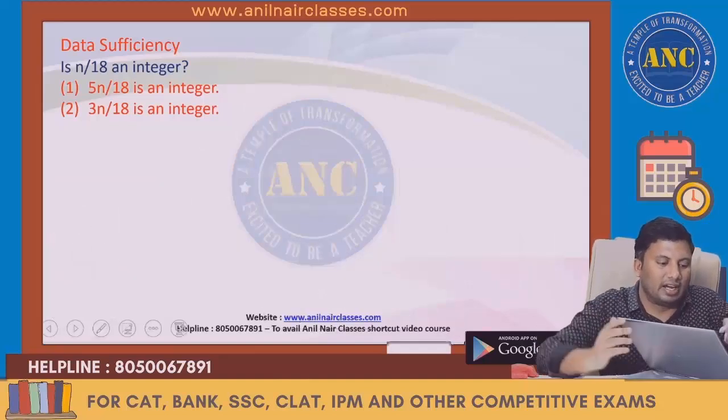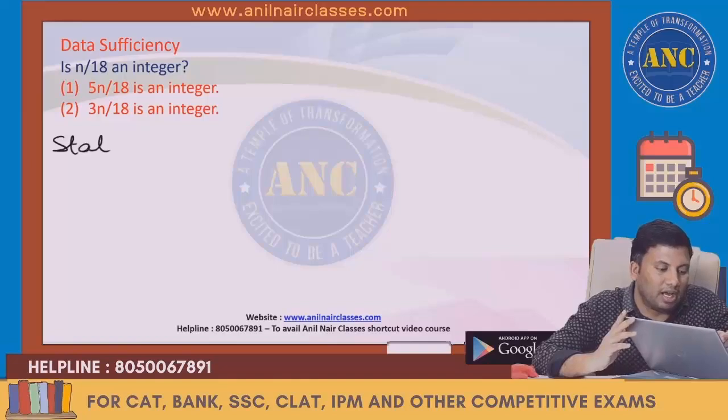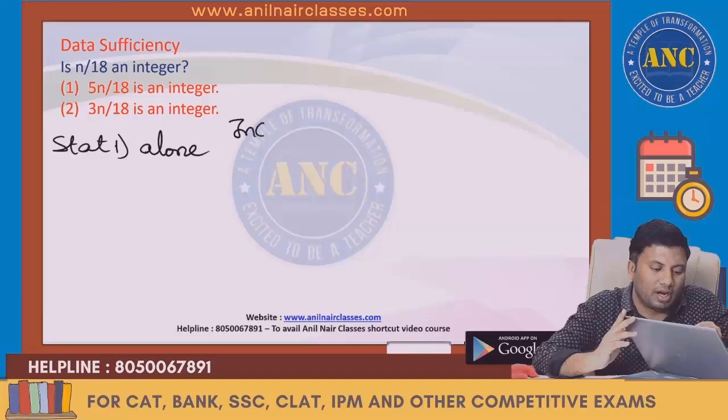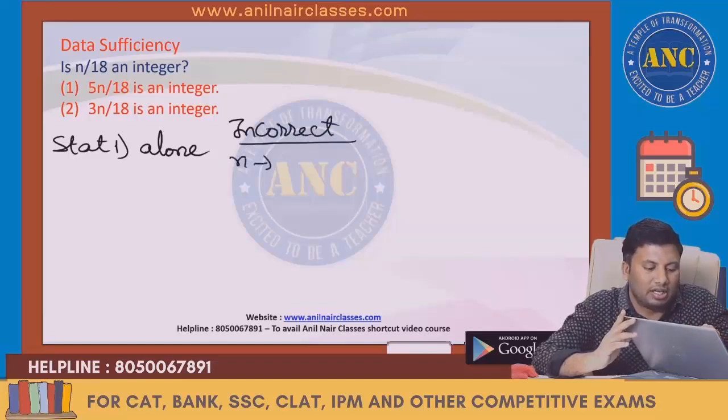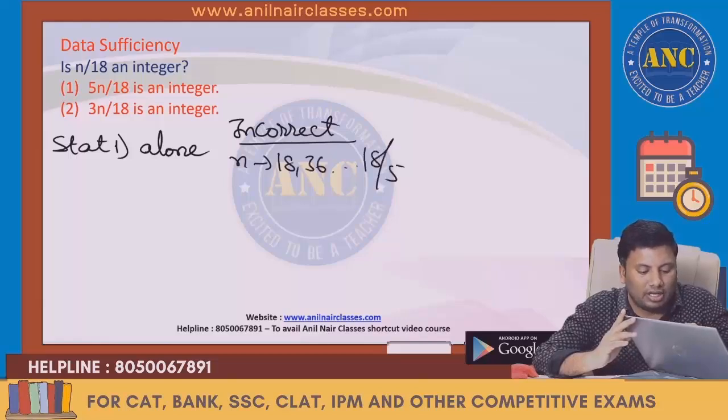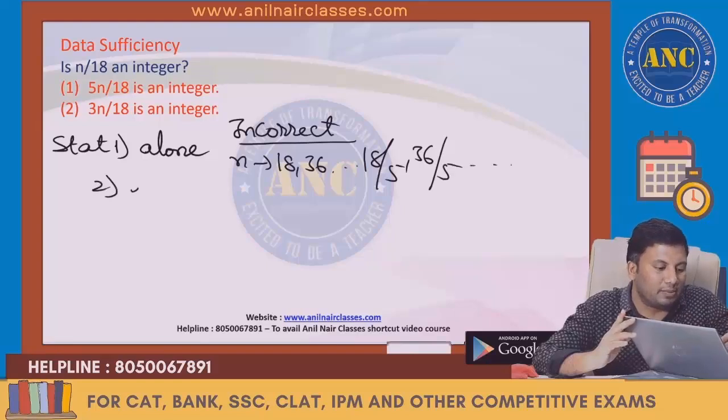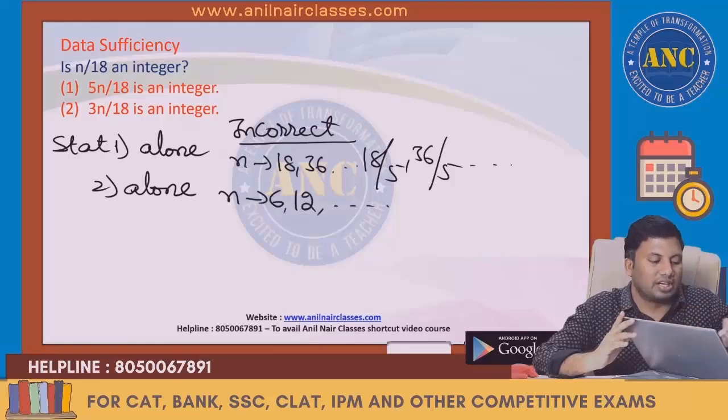Why is statement 1 alone incorrect? Because n can be multiples of 18 and also 18 by 5, 36 by 5. Statement 2 alone is incorrect because n can be multiples of 6.